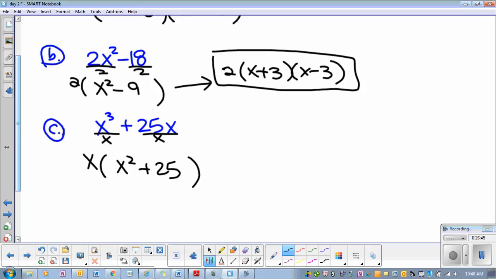Ethan, can I do DOTS here? It does have an x squared, but it's not negative. It's not subtract. It's a plus, right? So you have to stop. You can't do DOTS anymore, and so that's it. Okay? Questions about these?